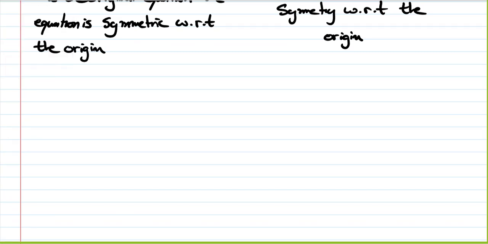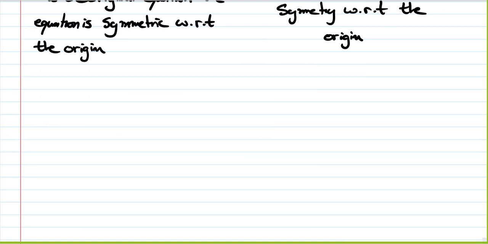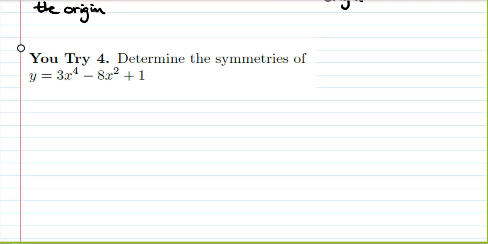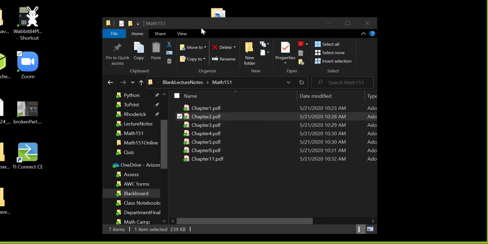So let's go ahead and take a look at our You Try. All right, so we could go ahead and graph this, or do it like we did in the previous one, but it turns out in this one that we can actually just draw a graph.